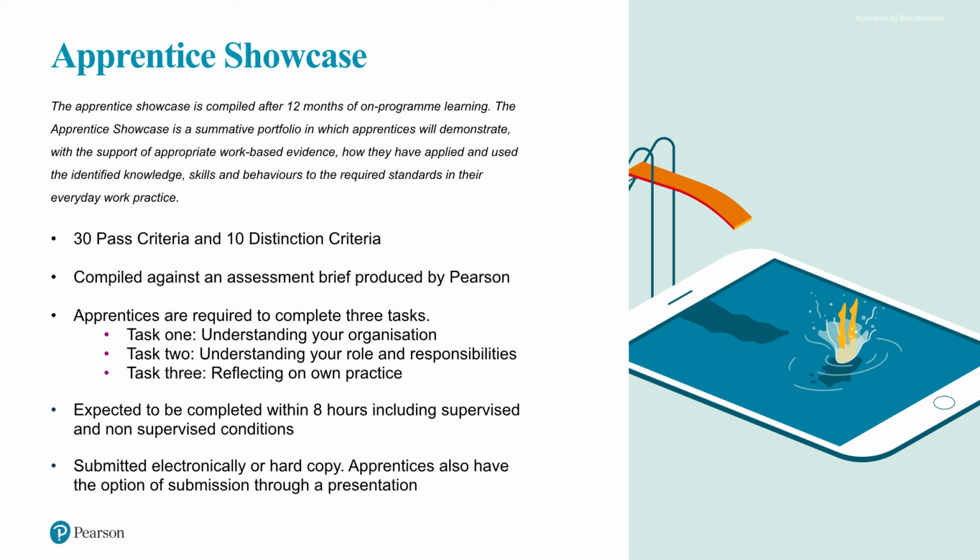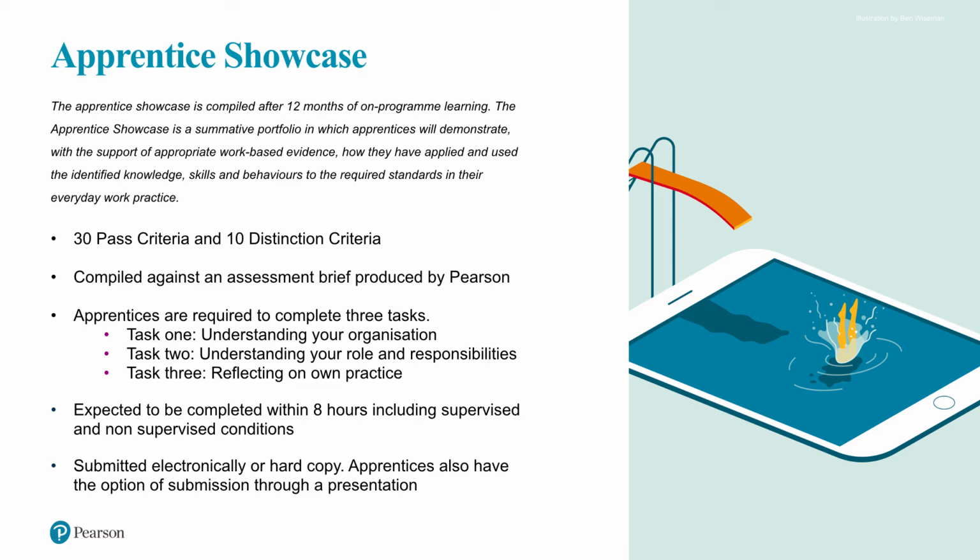The apprentice showcase is compiled after 12 months of on-programme learning and is a summative portfolio in which apprentices demonstrate, with the support of work-based evidence, how they've used and applied the knowledge, skills and behaviours during their on-programme phase and in their everyday work practice.